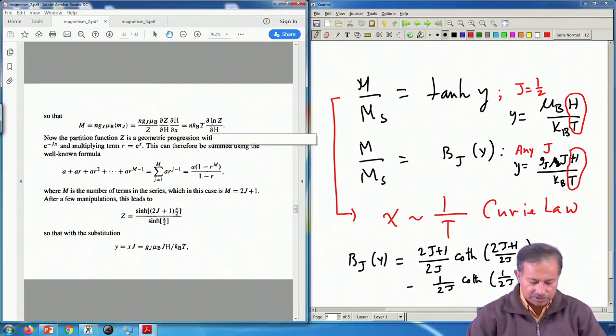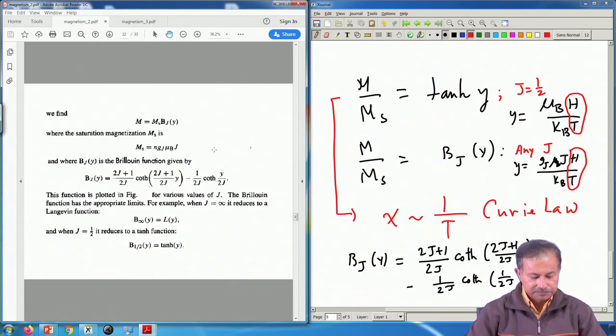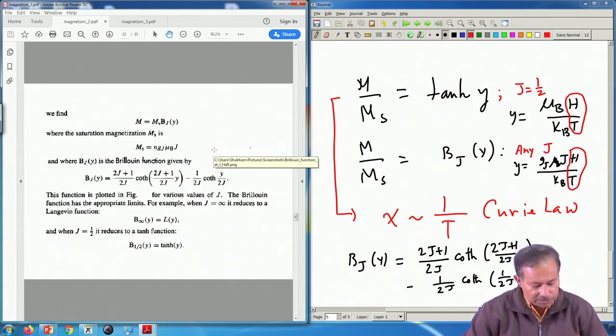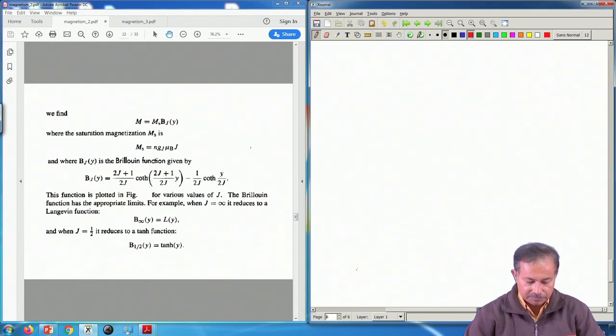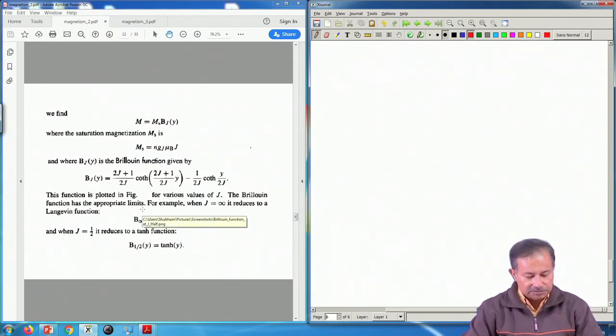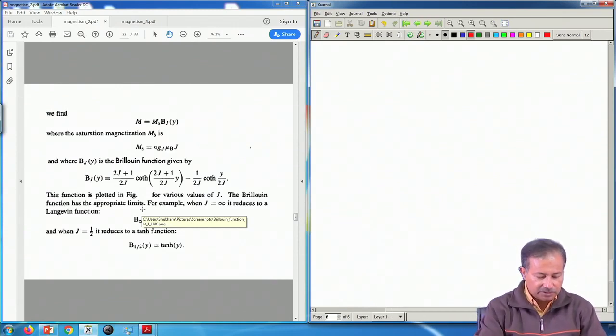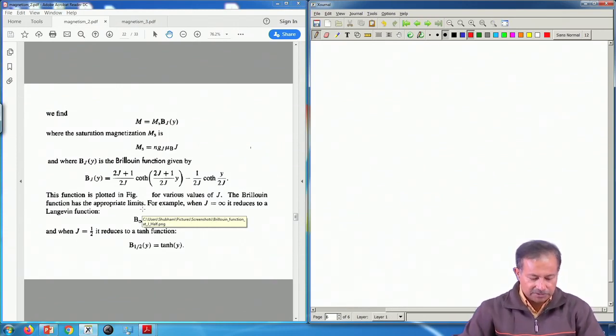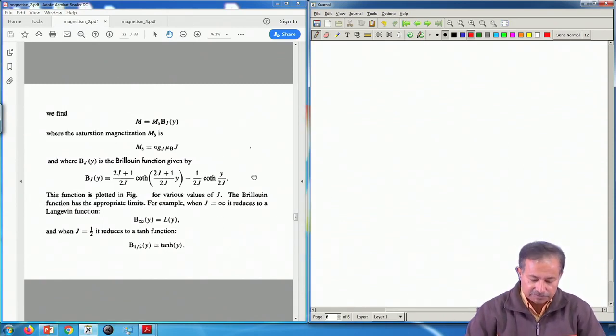Once we have that, there are two things you should remember. There is something called a Langevin function, which is obtainable from B at j equal to infinity. That is not something we are using here. J equal to infinity actually gives you the classical limit of this calculation, and you can check that you do get it. And the other is j equal to half.